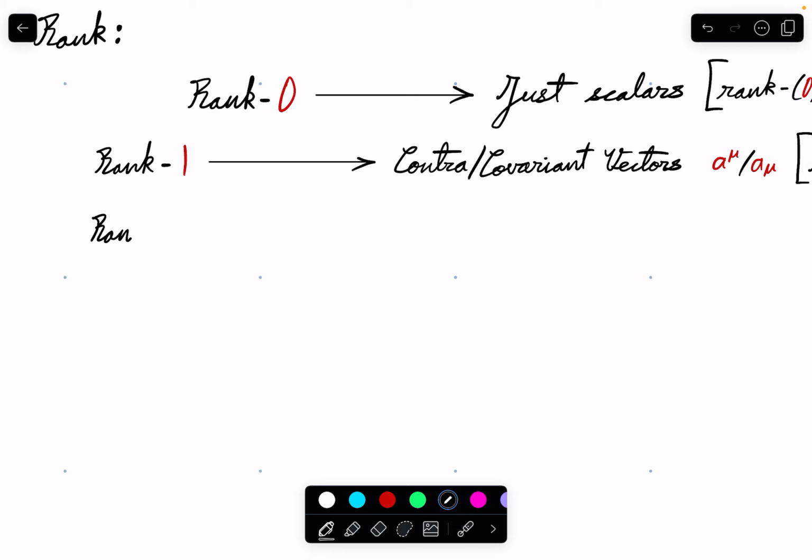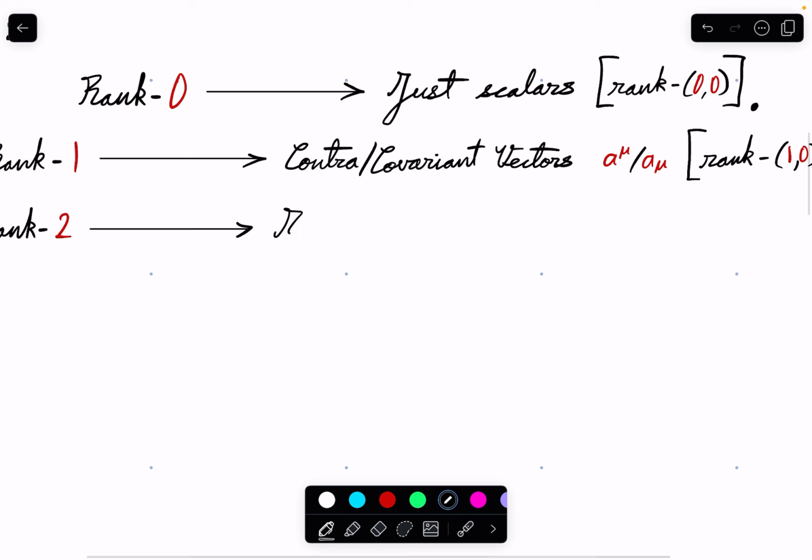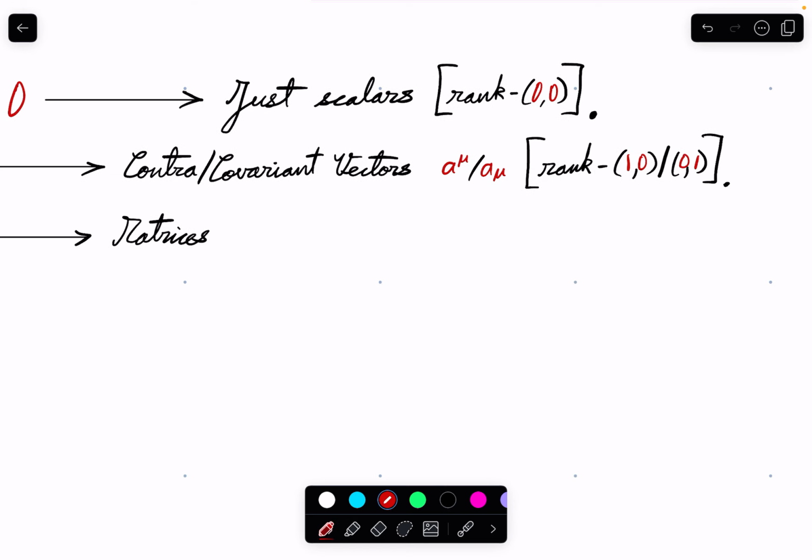Then rank 2, which for now we're only going to be dealing with rank 2 tensors in this series, so we only need to know up to rank 2. These are essentially just matrices. And you can have, for example, G mu nu, G superscript mu nu, G nu mu, G mu nu.